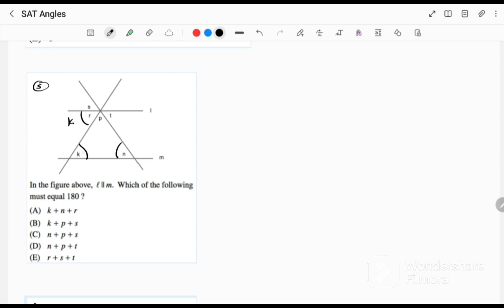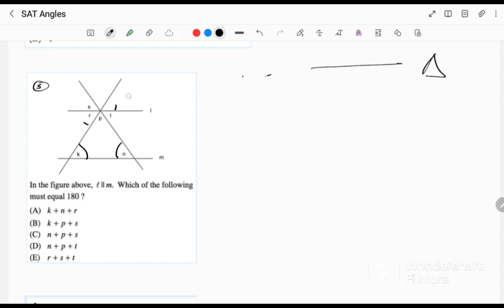So if k is inside the triangle over there, then it is also k over here, and r is opposite to k, so r is equal to k. But k plus n plus r will not give us 180 because it does not meet any of the two requirements. It's not on a straight line together, they're not together in a triangle.